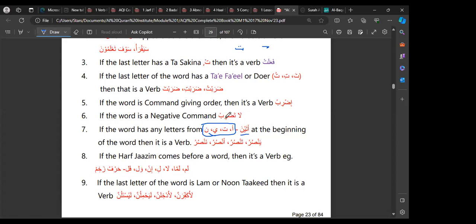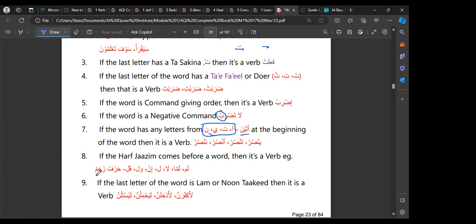See, la tadrib. It makes the end of the verb into a sukoon here. So all of these harfs, they do the same thing. They make the last letter on the end of the word a sukoon. So lam tadhab, etc. La tadhab. All of them will make harf al-jazm.